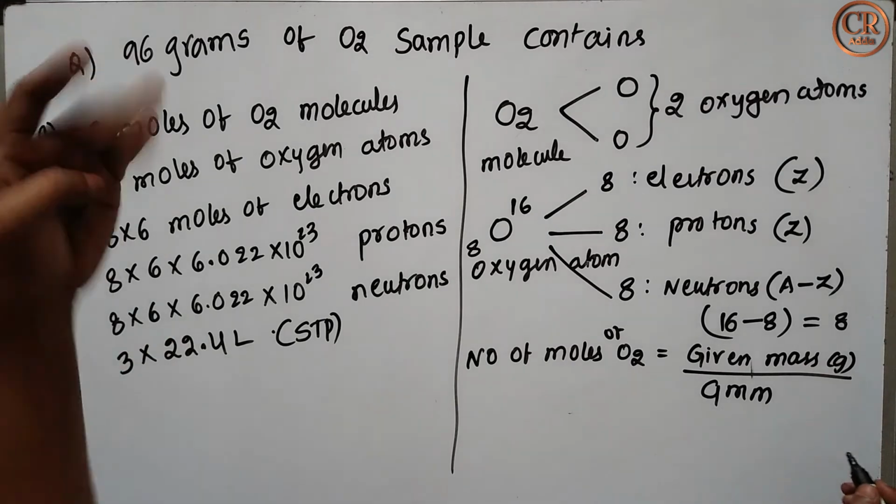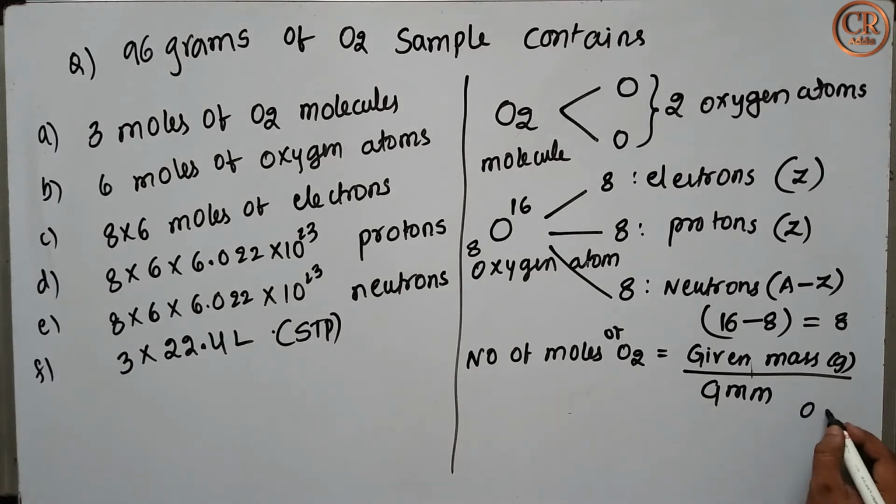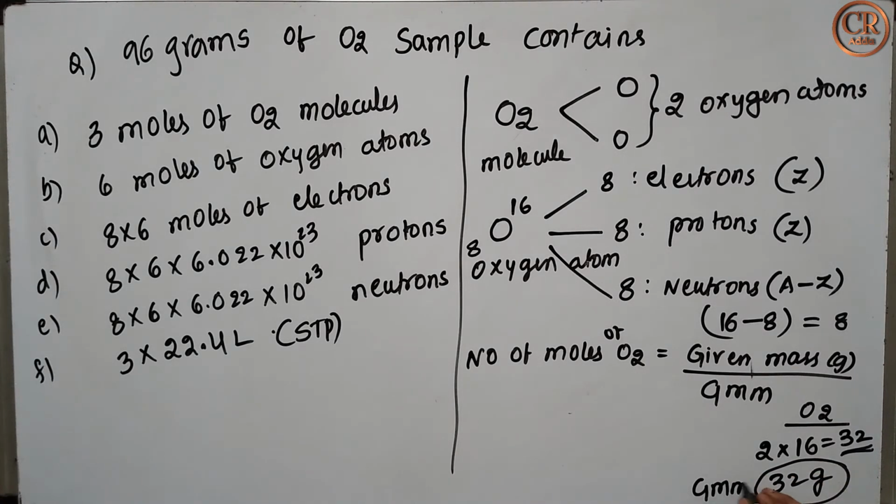That is 32. If you take O2, how many oxygens are there? 2 oxygens. Each oxygen mass is 16, so total 32. If 32 is expressed in grams, this is called gram molecular mass. So molecular mass of oxygen is 32 grams.